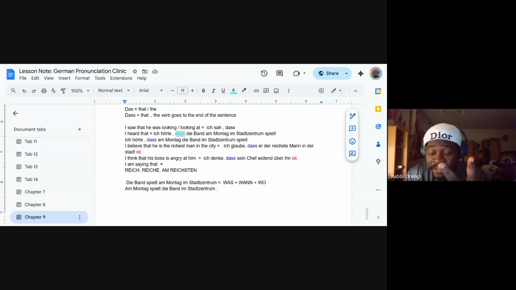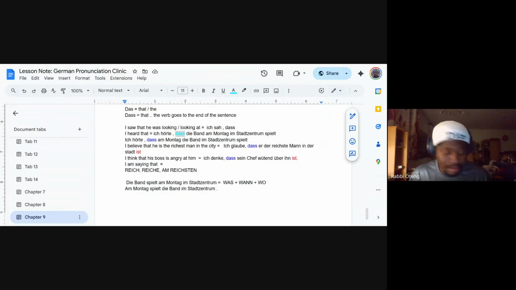The him depends on whether it is the direct object or the dative case. When it's the direct object, then it's ihn. So if I love him, it will be ich liebe ihn. But I give the book to him will be ich gebe ihm. So ihn is accusative and ihm is dative.